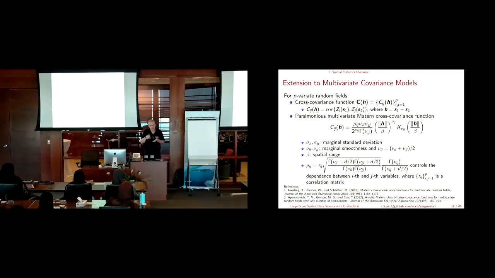So you see that things are a bit more complicated now because we have more covariances to consider, because we have this p by p matrix if we have p different variables. So we have a more challenging problem. We have to come up with models that will lead to positive definite matrices. And so it is more challenging to find mathematically what kind of cross-covariance model will be a valid model.